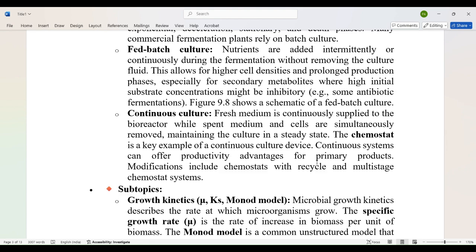What is maintained is chemostat. Chemostat is maintained constant, that is, the chemical constituent or the chemical consistency is maintained for so long that it does not change in case of continuous culture, and that is what defines a very good example of continuous culture.